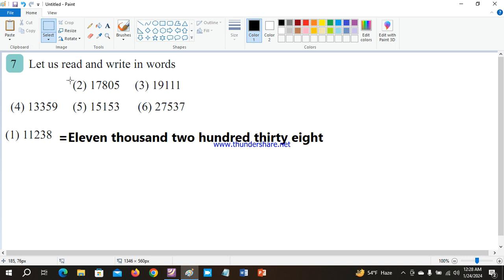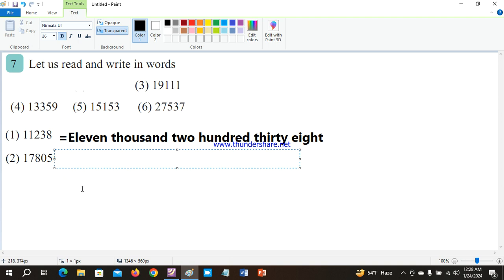And here problem number 2. Look very carefully. Ones, tens, hundreds, thousands and ten-thousands.